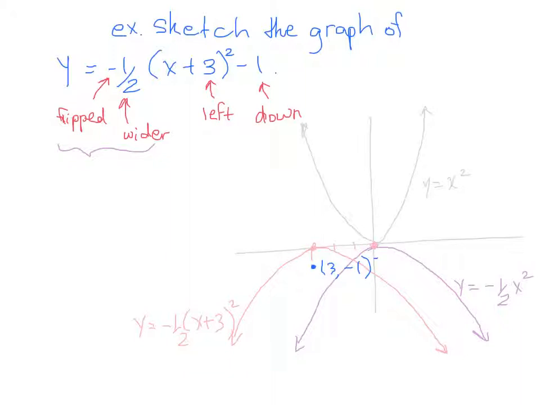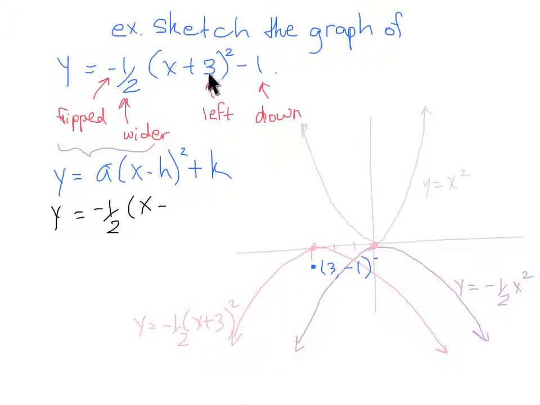All right, so quick shortcut here in order to figure out the vertex. You may appreciate this. Remember that our equation in vertex form was y equals a times x minus h squared plus k. Well, in this particular example, our a was -1/2. That doesn't really help us with the vertex, but the rest does. X minus, all right, if you check it out here, we have a +3.